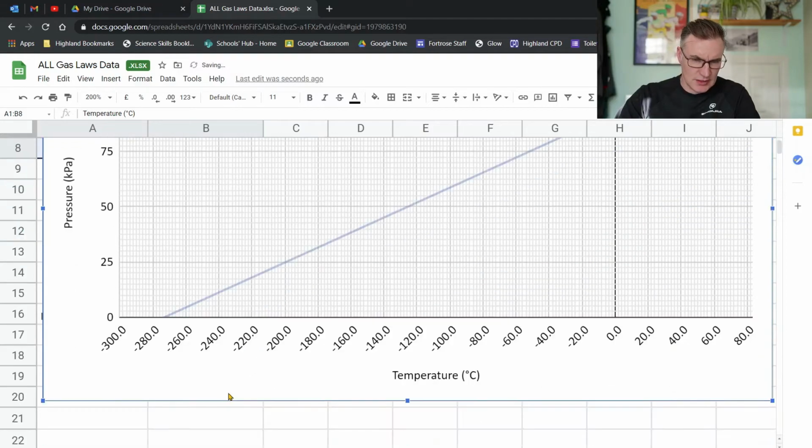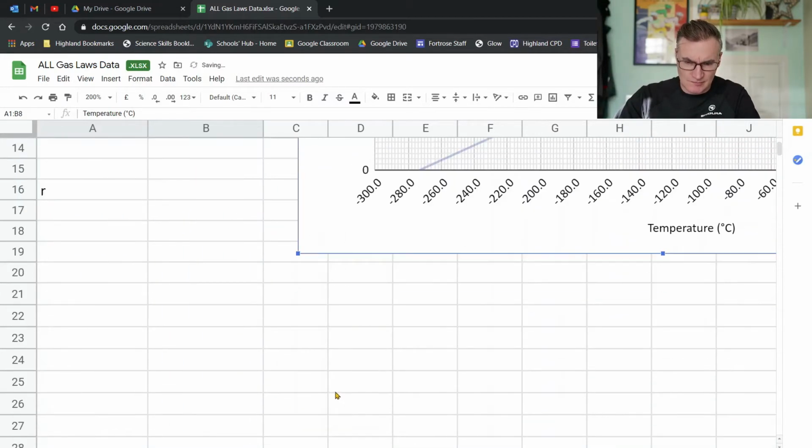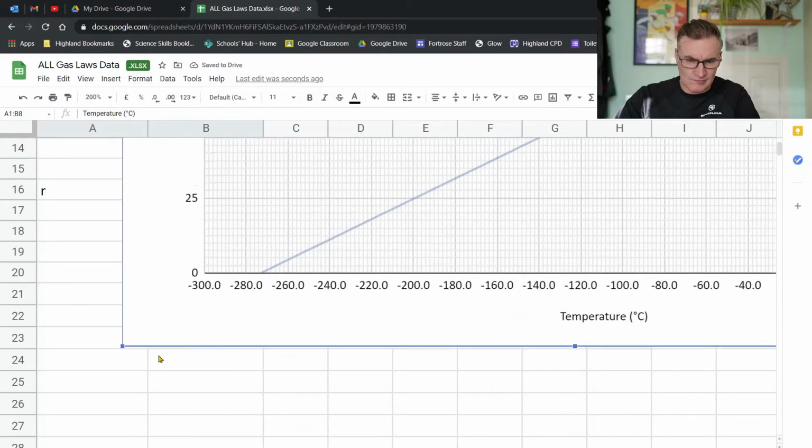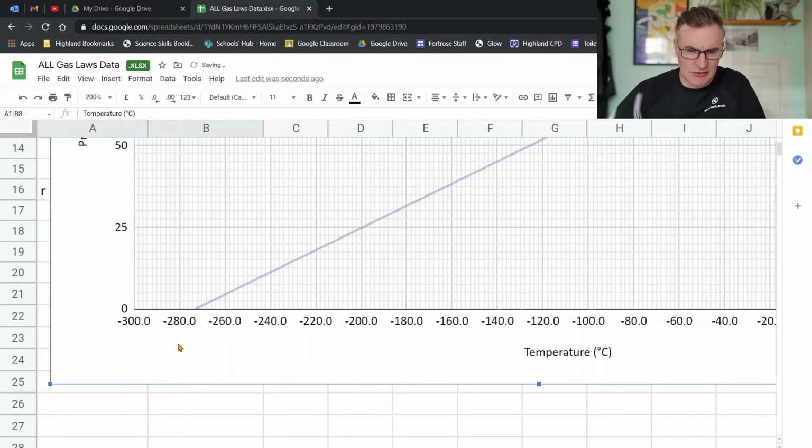Okay, and so if we look at this part here, again, this is taking a bit of adjusting just to get right, but what we can see is, if each major division is 20 degrees Celsius, then each smaller one would be 2 degrees Celsius.